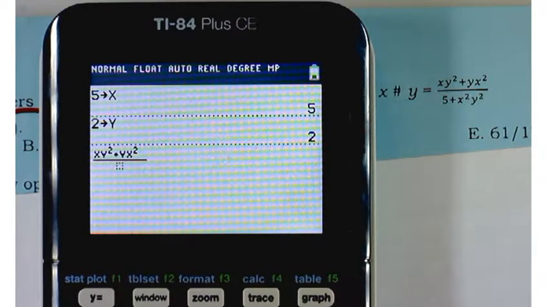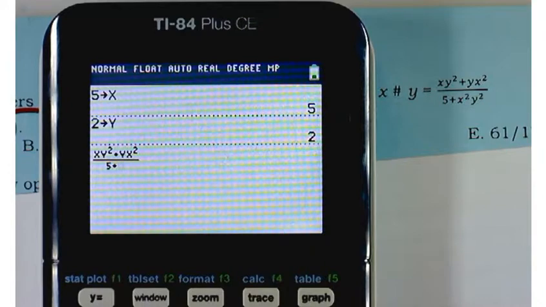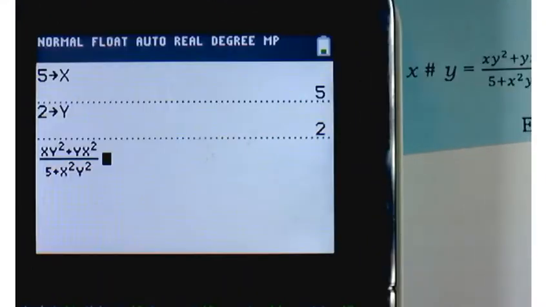Now cursor down into the denominator and we're going to type in 5 plus X squared Y squared, X squared, and then alpha 1 again, squared. And then you can cursor over to the right. But do we all have that expression typed in?